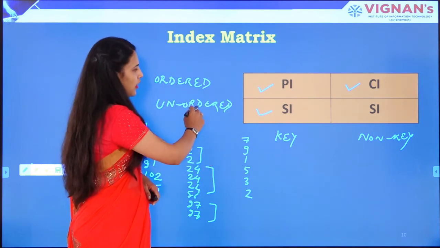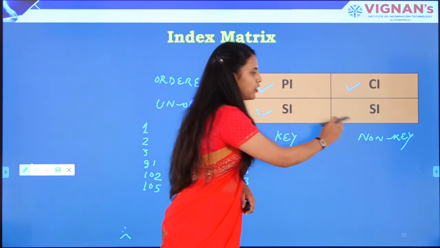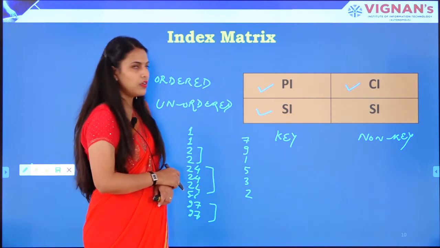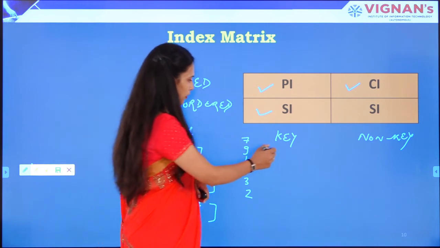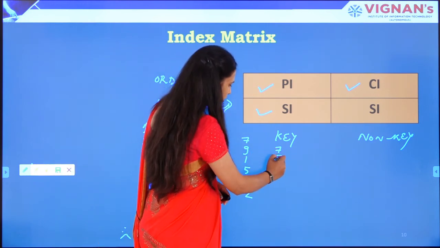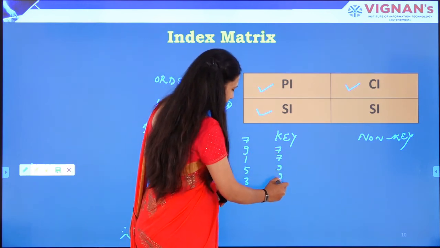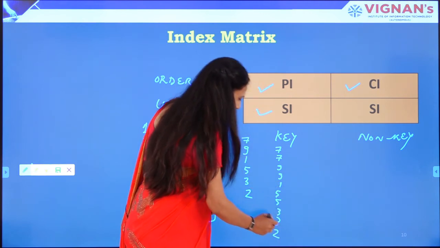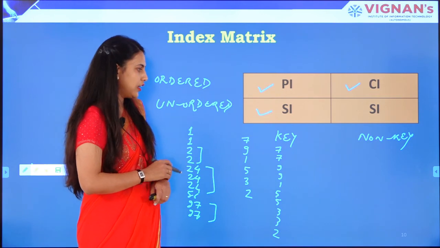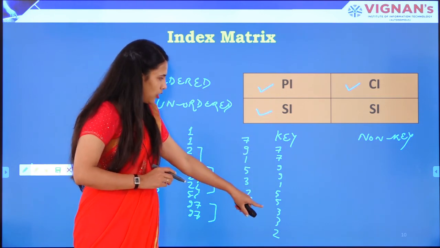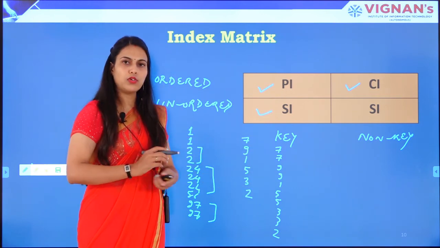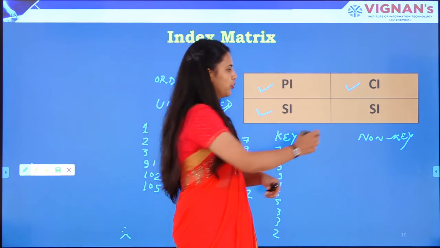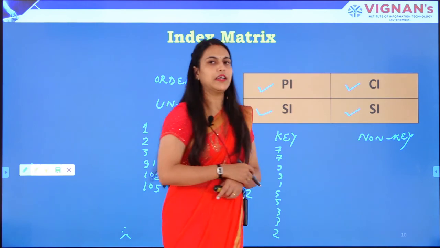Again, if the data is unordered and it is not having any unique values, in that case also we will use secondary index. For example, 7, 7, 9, 9, 1, 5, 5, 3, 3, 2. So here we can see that the data is not ordered and it is also not having the unique values. So in this situation also we will be using secondary index.